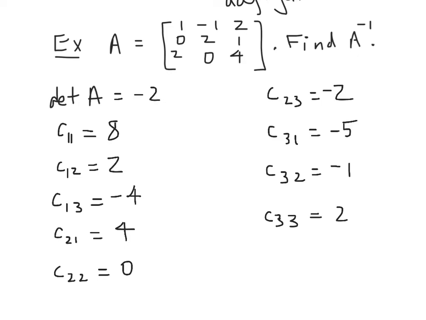Alright, so what this tells us then is our inverse is 1 over -2 times this matrix right here. So remember, it gets flipped from what you would normally expect it to be. And we should get the following as our determinant.